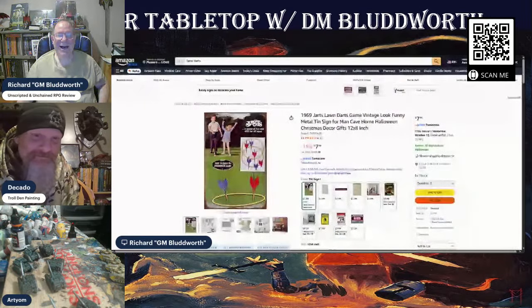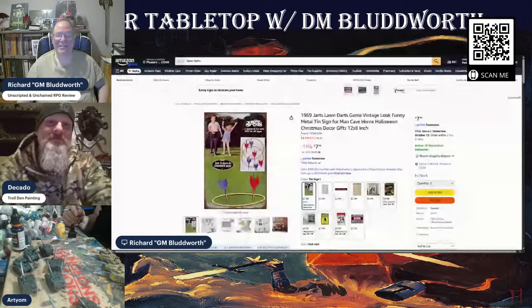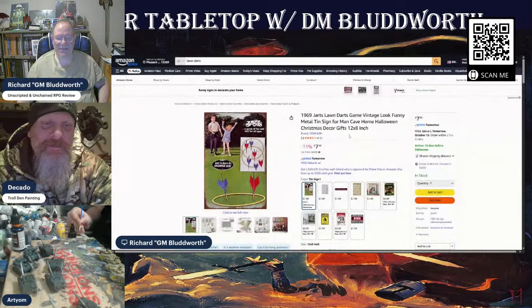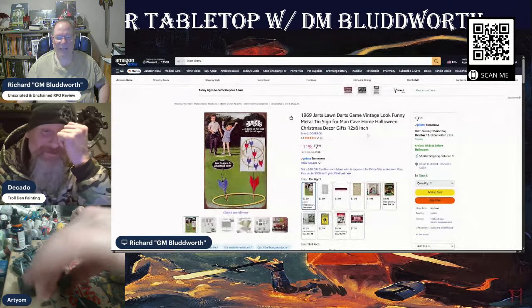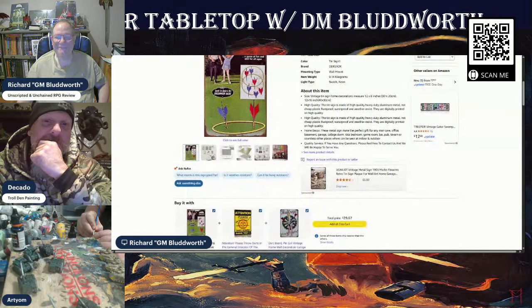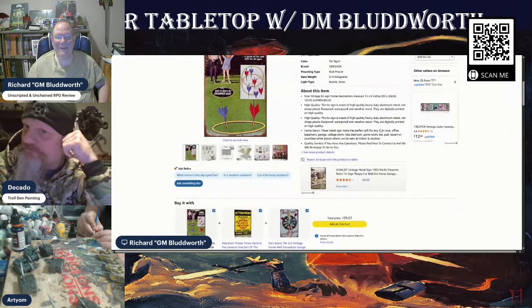These are the 1969 versions. Those things weigh like a pound each, and you just chuck them straight up. These are the Gen X versions, right? So 12 by 8 inches, with a big metal tip.